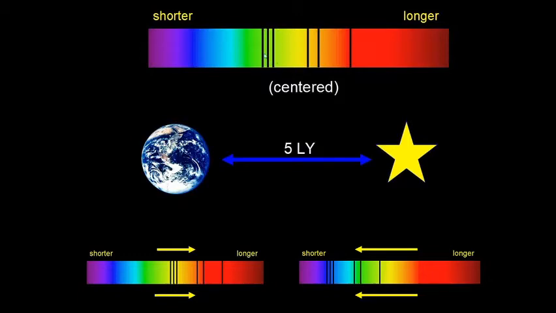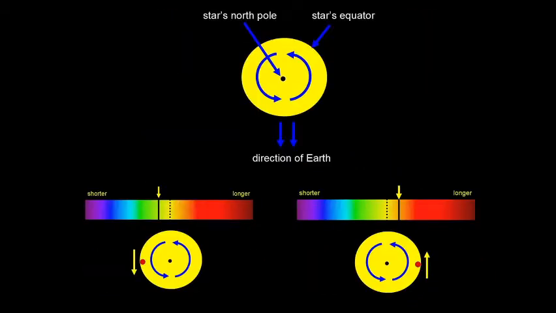This one is between green and yellow, and we shifted it a little bit. But look at this one, we shifted it a lot. So this tells you the star is moving fast and moving towards you. This tells you the star is moving slowly and moving away from you. Isn't that cool? So that's red shift and blue shift.